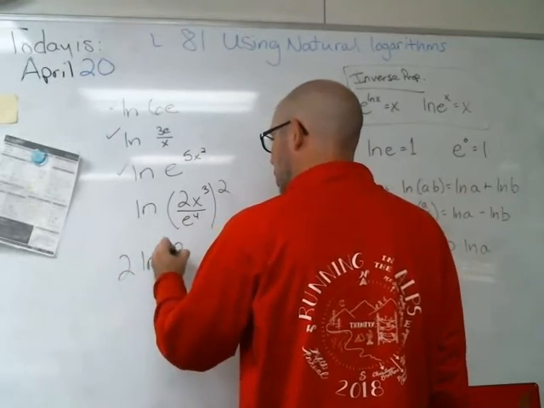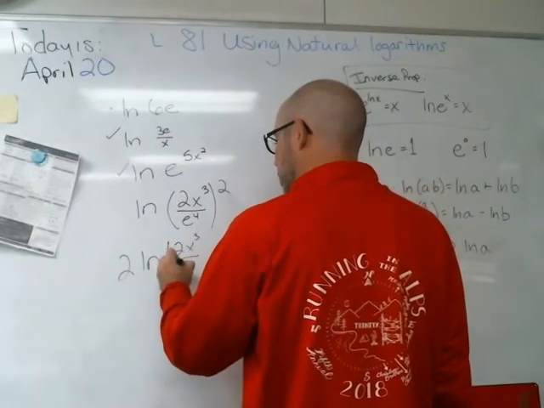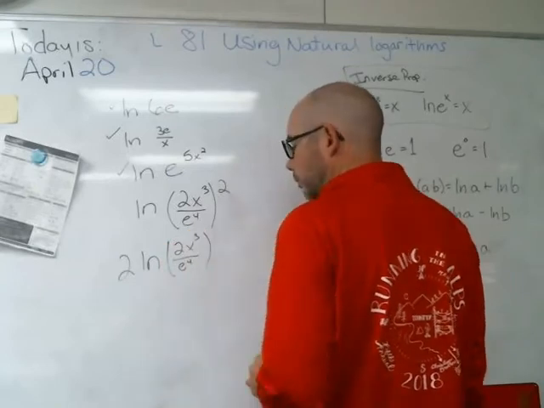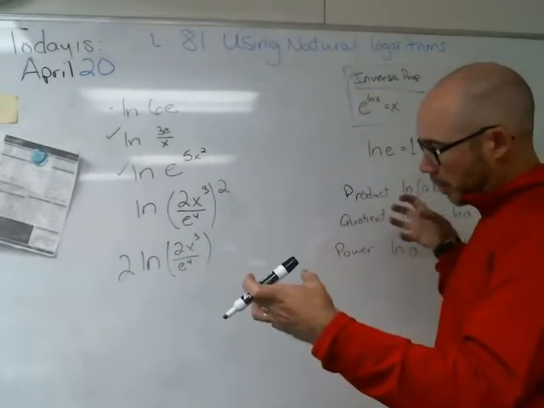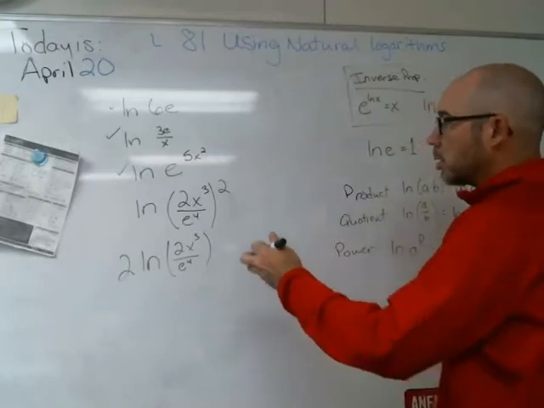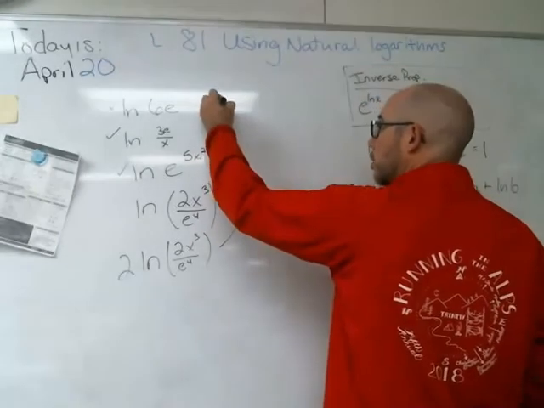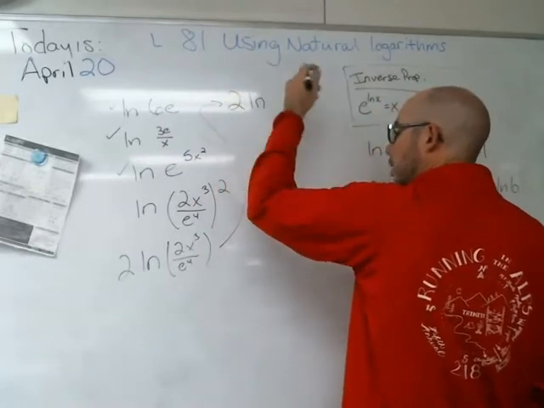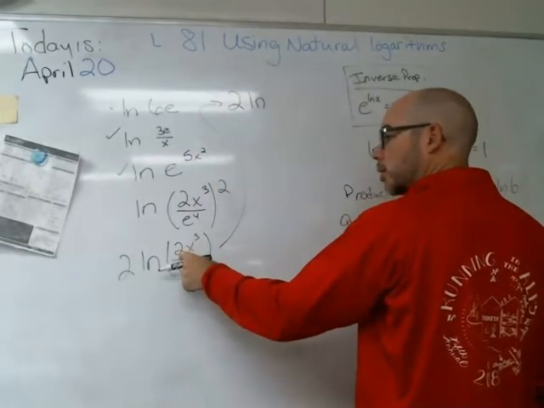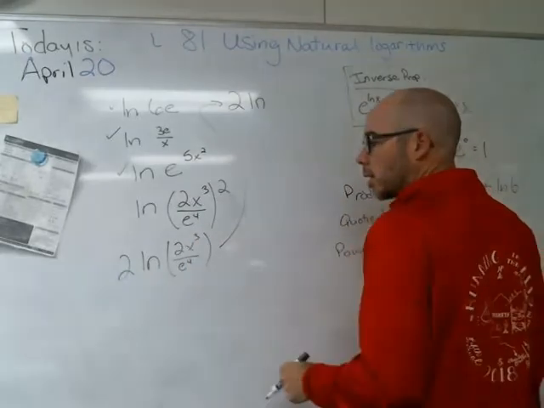2 natural log of this product quotient deal. And then let's pull the product apart. So we got, I'm going to go up here now, 2 natural log of, well, we got the natural log of 2x cubed.